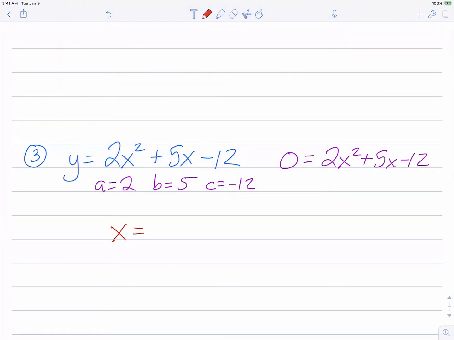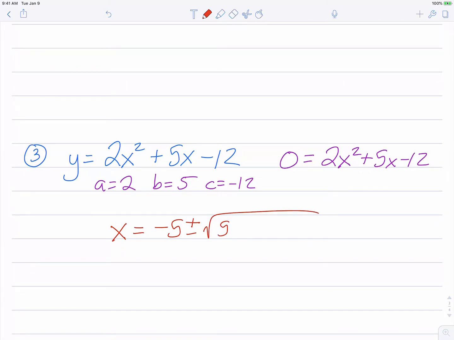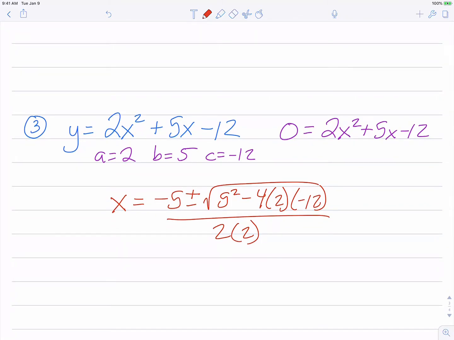So x equals -b plus or minus the square root of b squared minus 4ac, all over 2a. So we now have x equals -5 plus or minus.